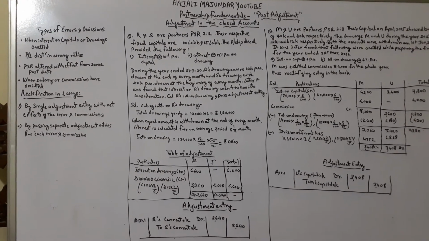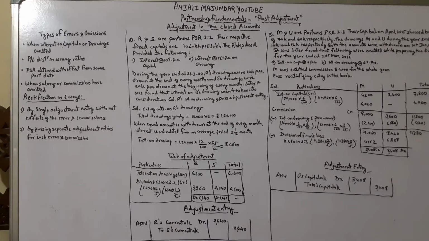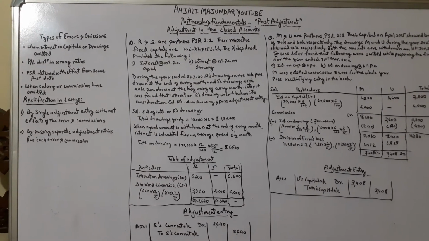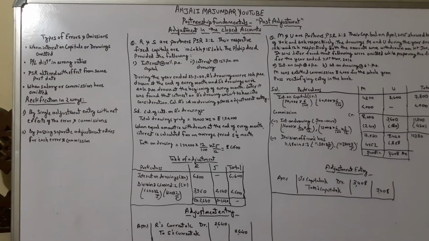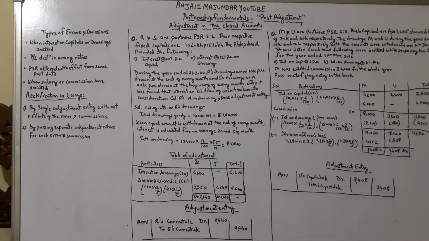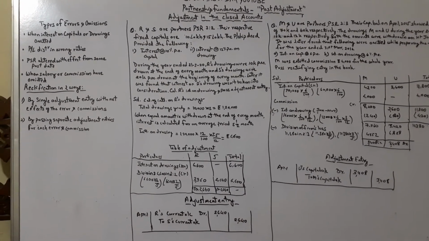S's was taken into account. It doesn't matter what the amount of S's drawings was or what the basis of his drawings was, because S's drawings were already included. The problem comes with R's drawings, therefore we focus only on R's drawings. So interest on drawings for R is 6,600.